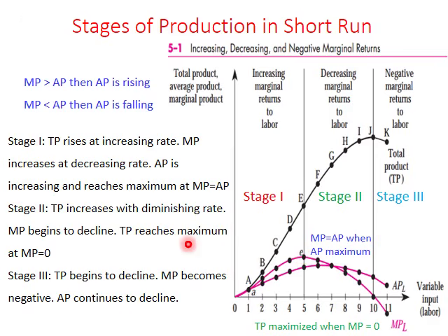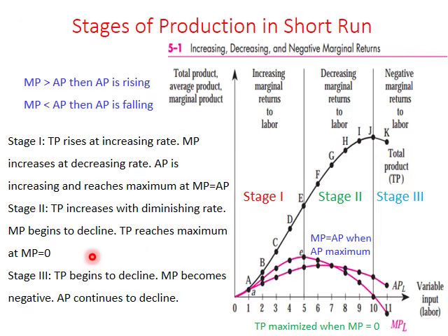And total product reaches its maximum point when the marginal product reaches 0. As the marginal product equals 0, the total product reaches its maximum point.